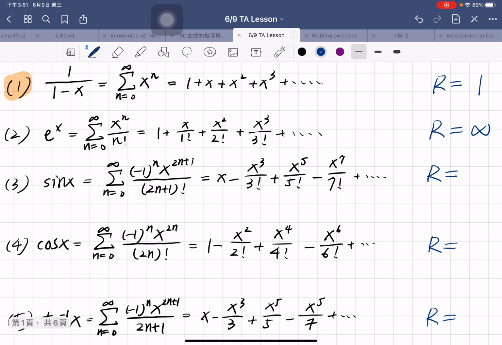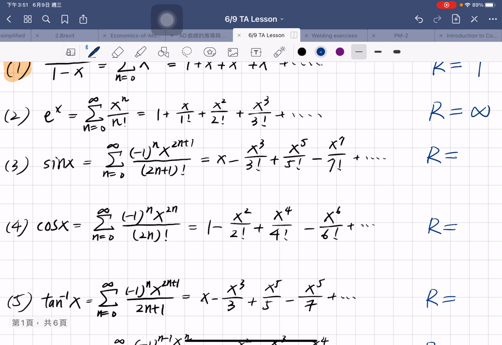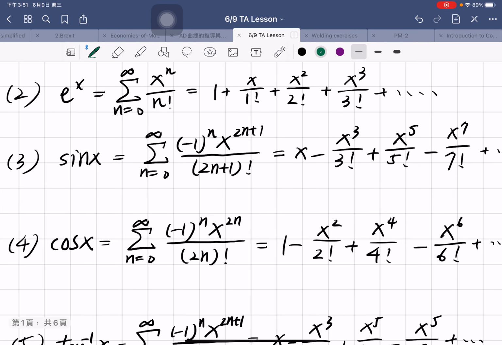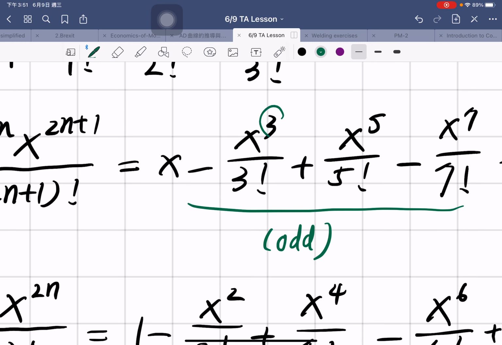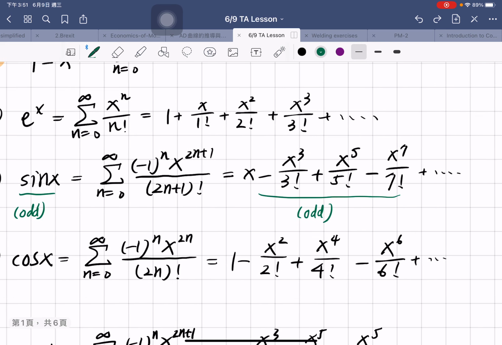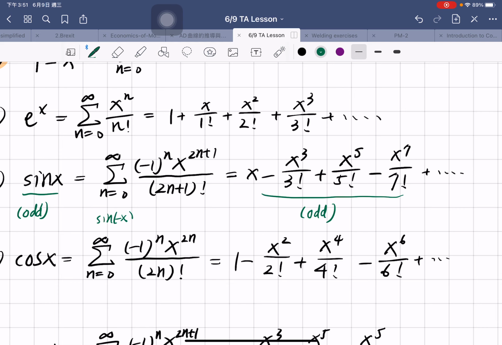Next are sine and cosine. Notice that because sine is an odd function, when you expand it out, it will also be an odd function. You see a 3rd power, 5th power, 7th power. So when you plug in, sine of minus x equals minus sine x.